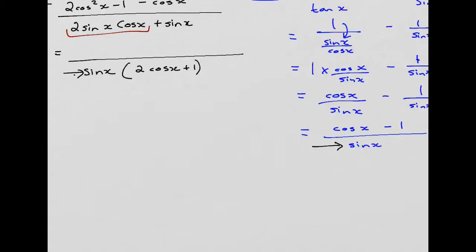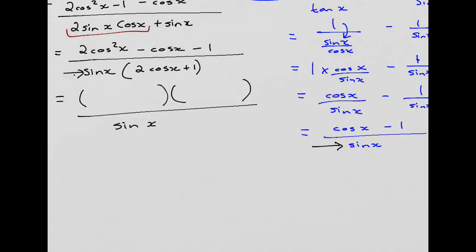So if we have a look now, this 2 cos squared x minus cos x minus 1, I've ordered it like that so that it's a trinomial quadratic. 2 something squared minus something minus 1, we have the normal quadratic situation, which means I need to factorize it into 2 brackets. But the handy thing is the 2 brackets have already been done for you. I know I need to get rid of that bracket at the bottom, so I will be able to cancel it out.